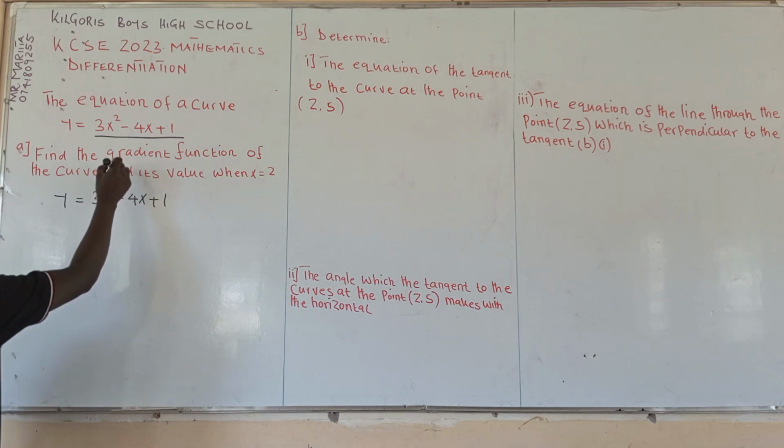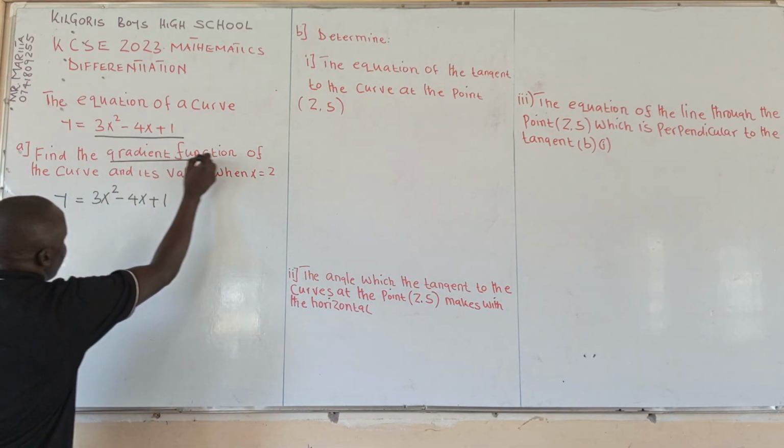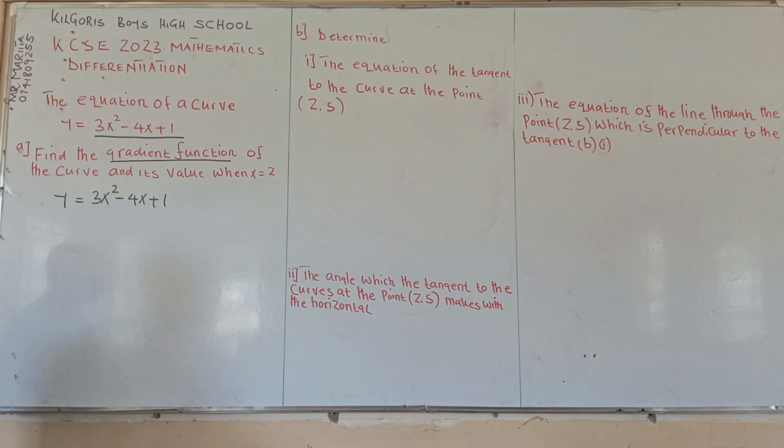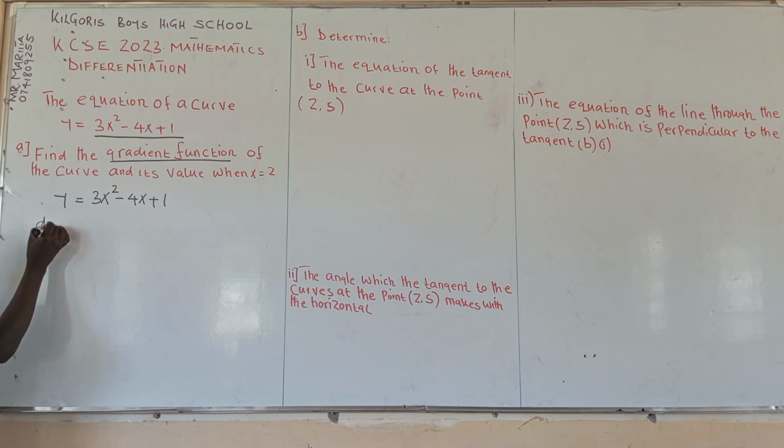To get the gradient function of this curve, you need to differentiate the function. So if you differentiate this function, you have dy over dx, which is our gradient function.